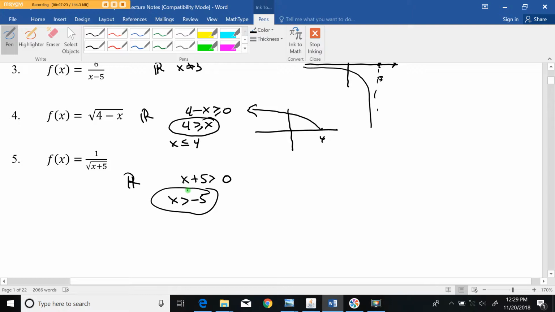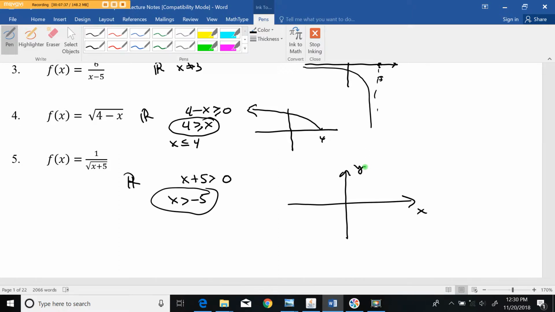Let's see, range of that thing, or I'm sorry, quick sketch. I do not have a graphing calculator on me. I'm just sketching them kind of off the top of my head here. If we come over to negative 5, this thing's got a vertical asymptote at negative 5.